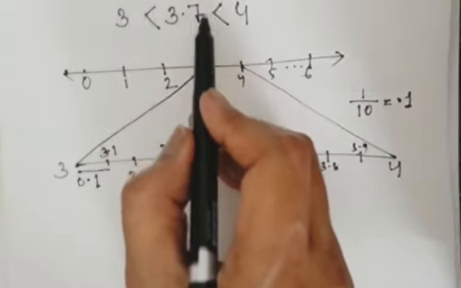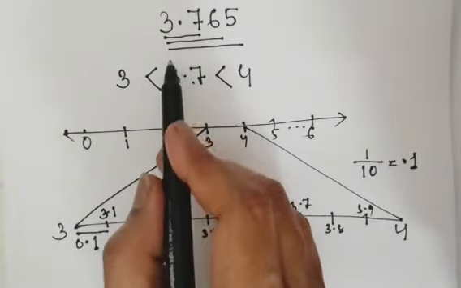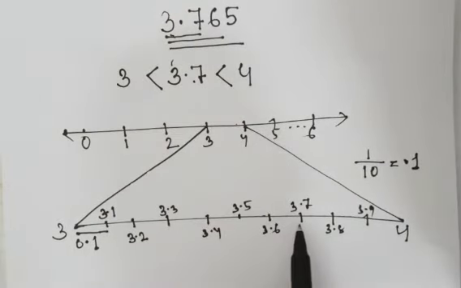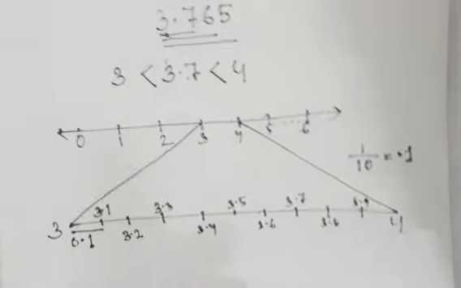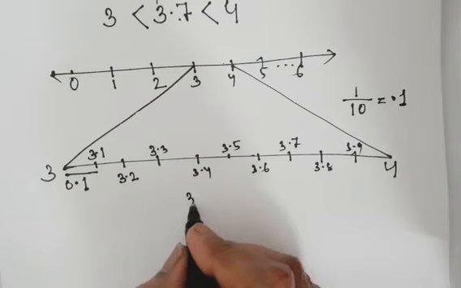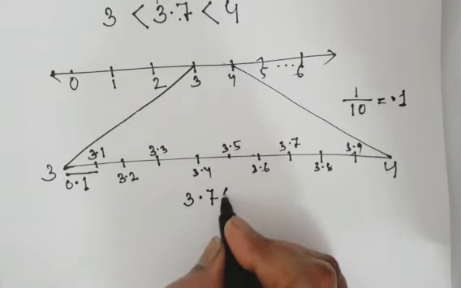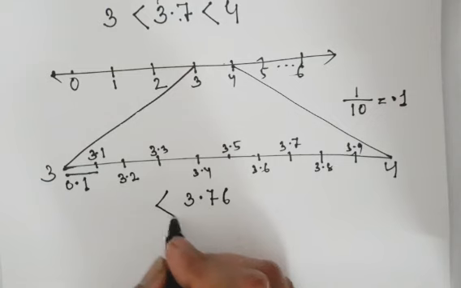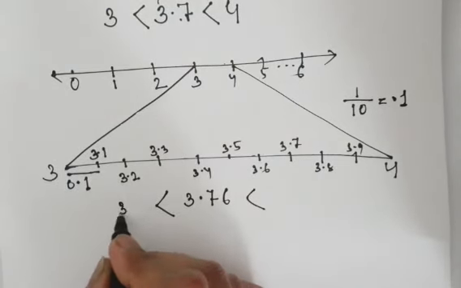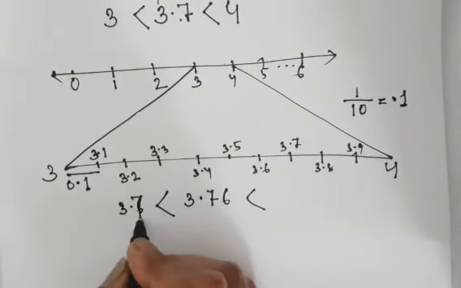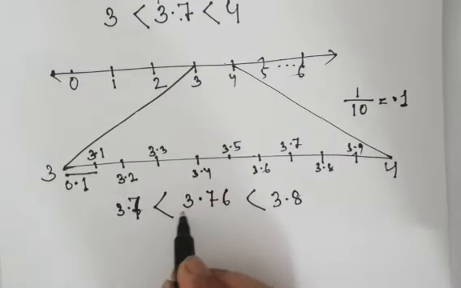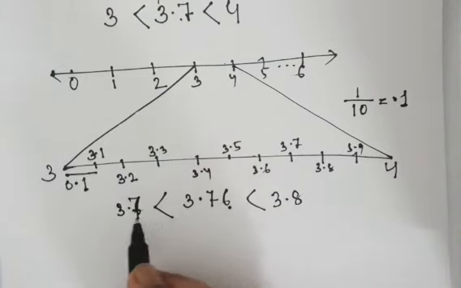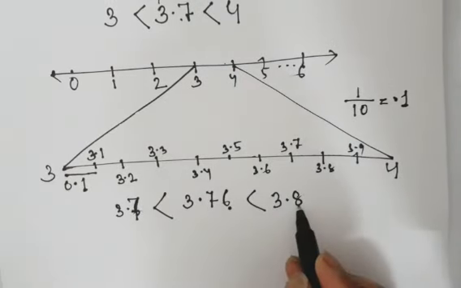After that, now 3.76. We have seen 3.7 here. Then come for 3.76. 3.76 is a number which lies between 3.7 and 3.8.